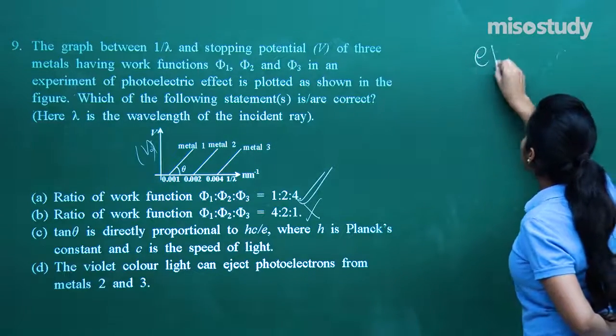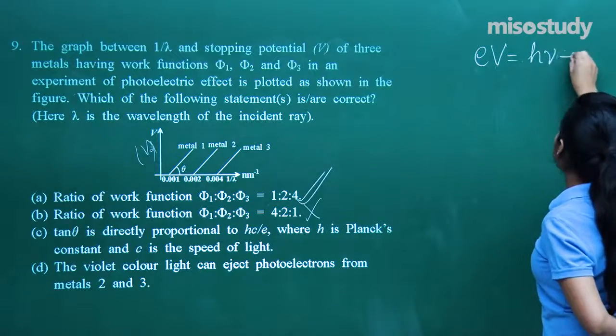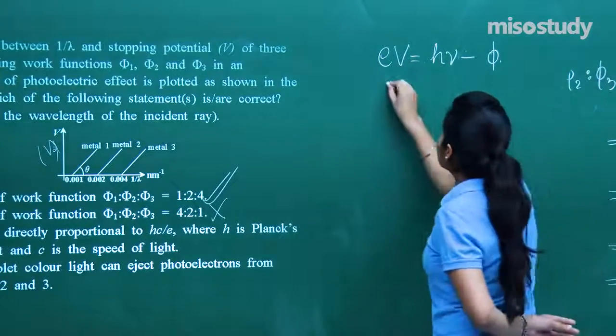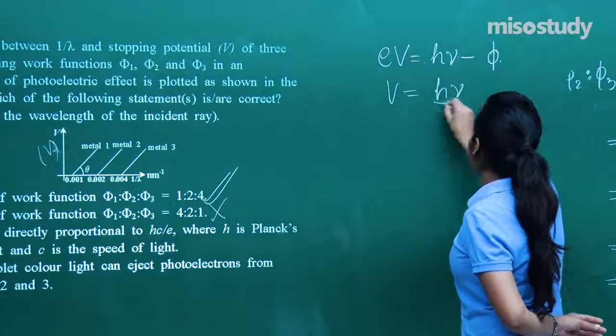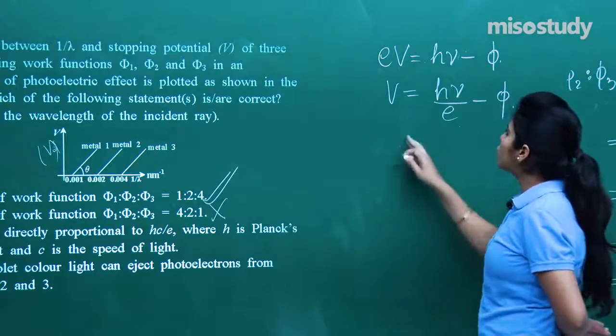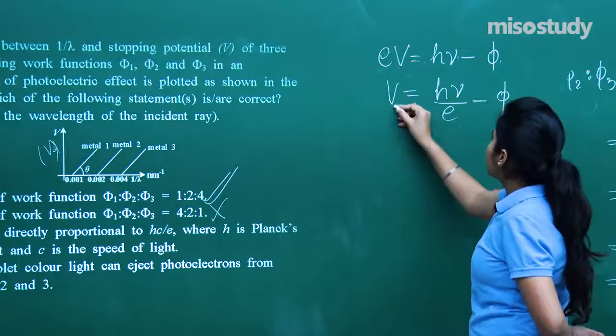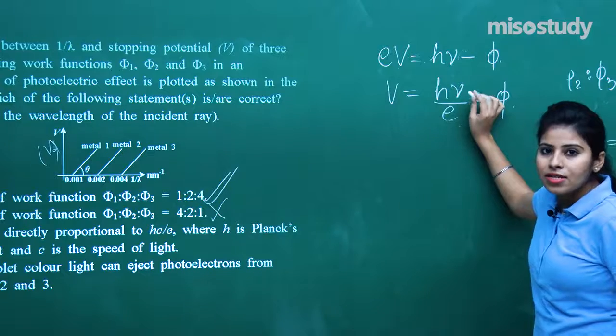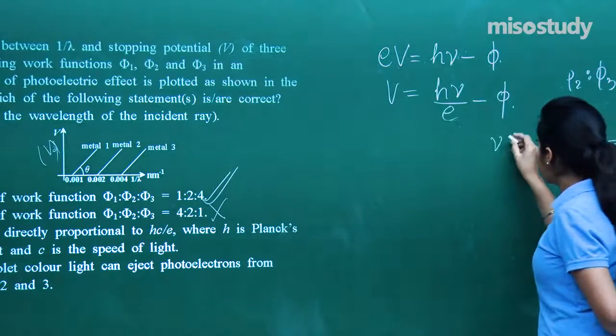Now eV equals h nu minus work function. Now V equals h nu by e minus phi. And also what you can see from here is that nu can be written as c by lambda, isn't it?